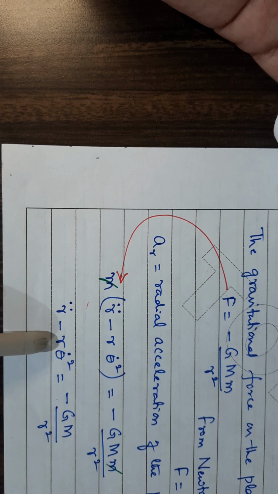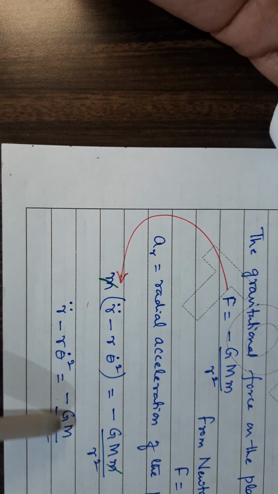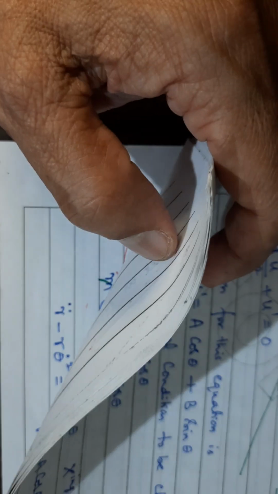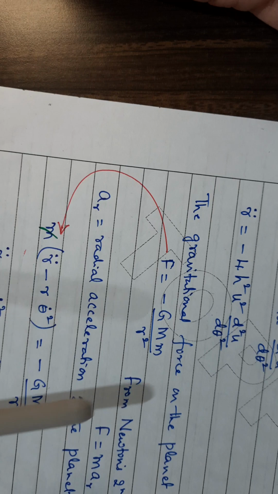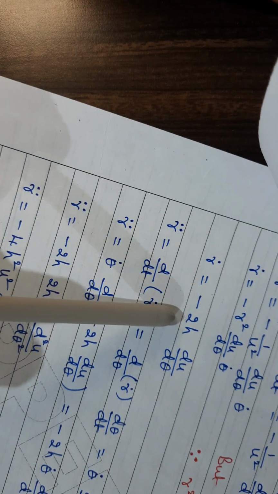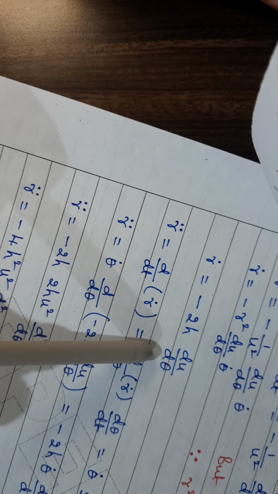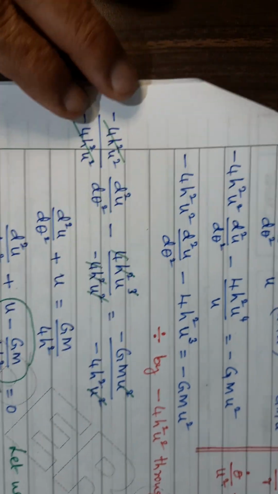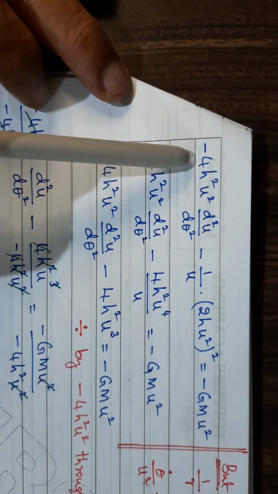And we know r is equal to 1 by u, theta dot square, minus GM into u square. Clear? Where r is equal to 1 by u, you can substitute the r value here. And the r dot value is minus 2h du divided by d theta. Substitute all these things, whatever we have derived so far, in that equation.